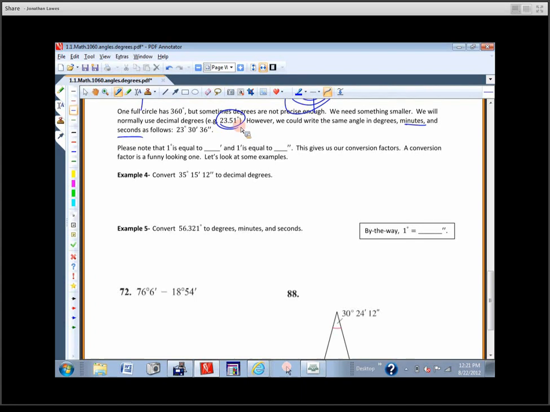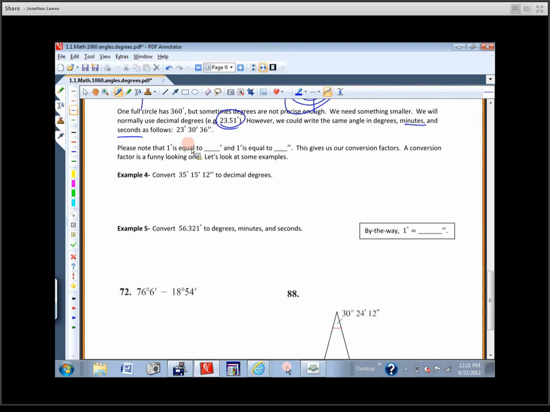It's a little bit more than 23.5 degrees, but it's also the same as 23 degrees, 30 minutes, that's what that one apostrophe type thing looks like, and 36 seconds.